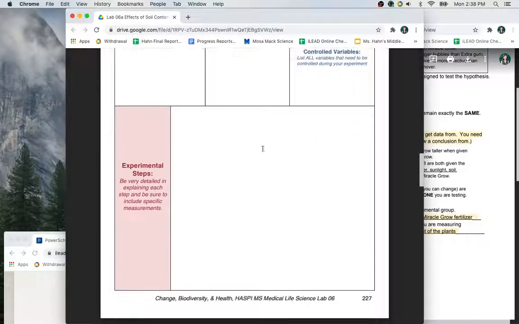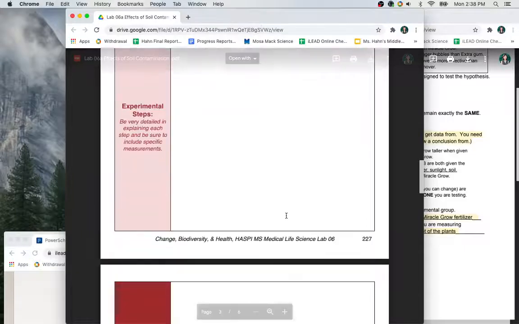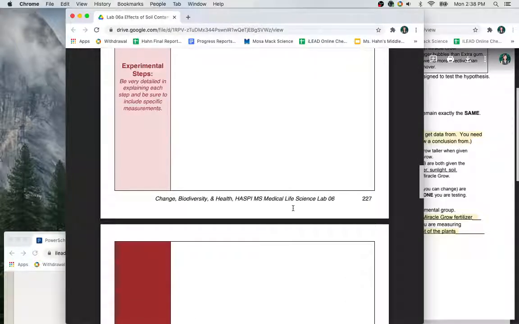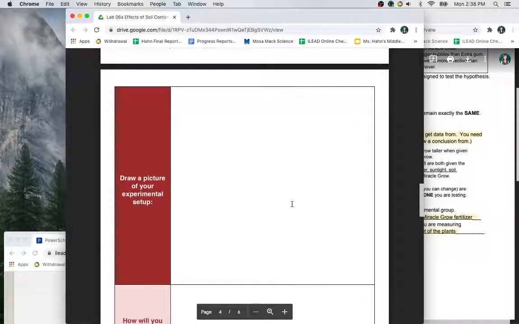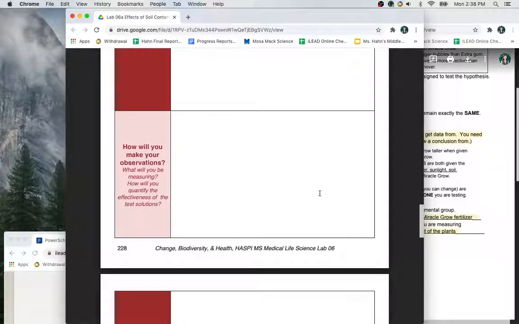Okay, and then here you're going to tell me how you set up your experiment step by step so that someone could actually follow your steps, your procedure, and do the same experiment you are doing. Okay, you can draw a picture, and you're going to tell me how you're going to make your observations. What will you be measuring?